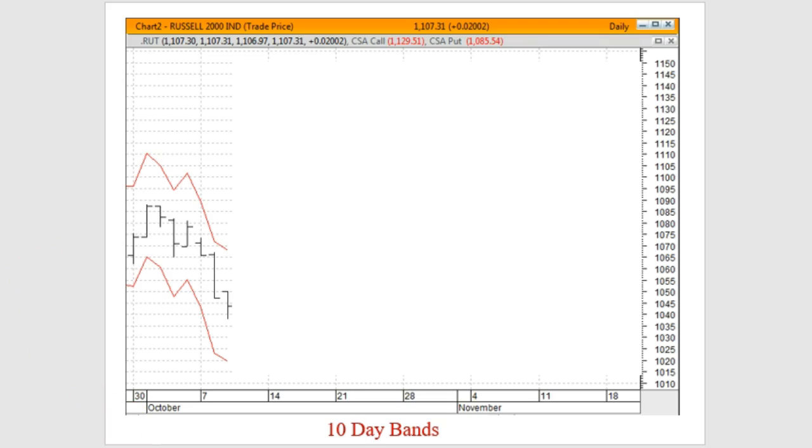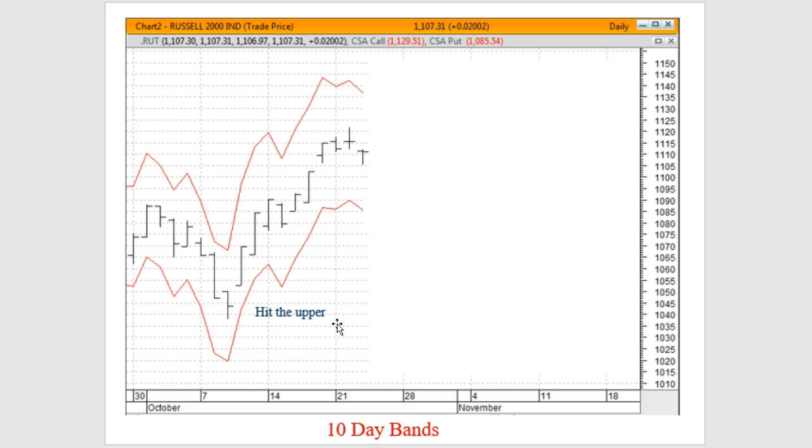We want to understand how often, as we draw these bands across, price went up and hit the upper band sometime in the next 10 days, went down and hit the lower, or wobbled in the middle. Let's take a look. Well, it went up and hit the upper band, didn't it, right there? You see that? Now let's look at the next close.